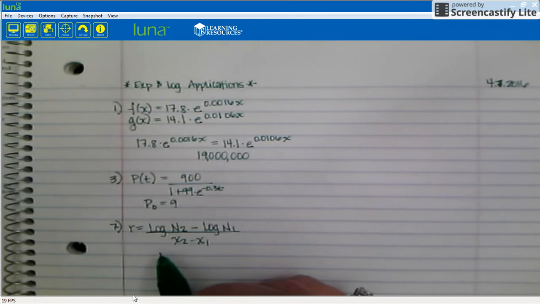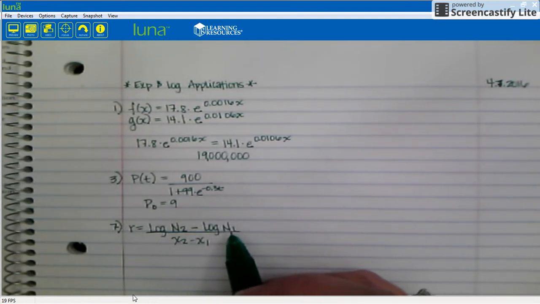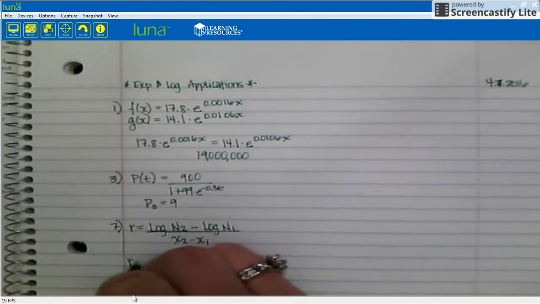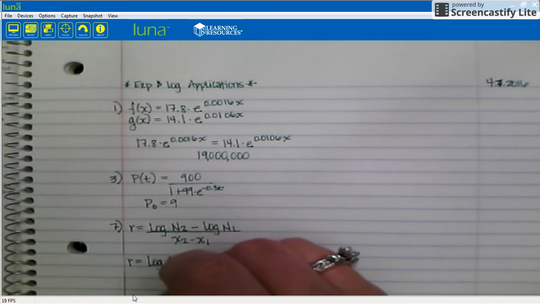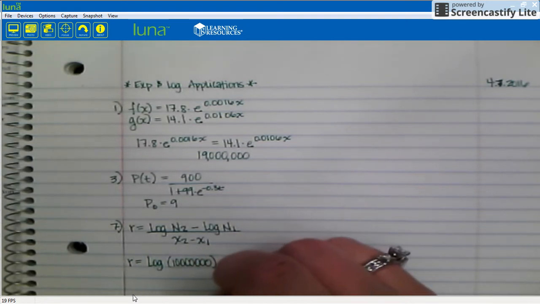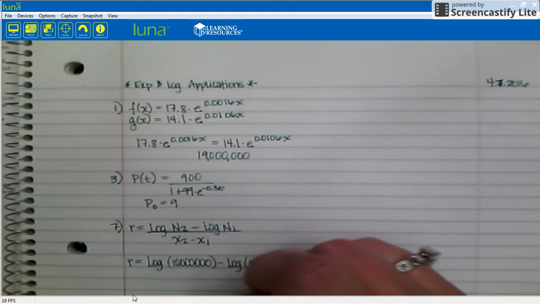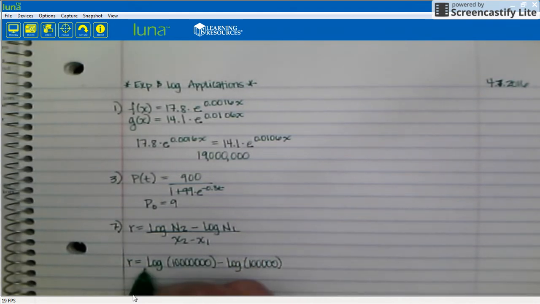So we know that N1 is 100,000 and N2 is 10 million. So R is equal to log of 10 million minus log of 100,000, divided by, and we know that x2 minus x1 is 7 days, because they tell us this occurred over a 7-day period.